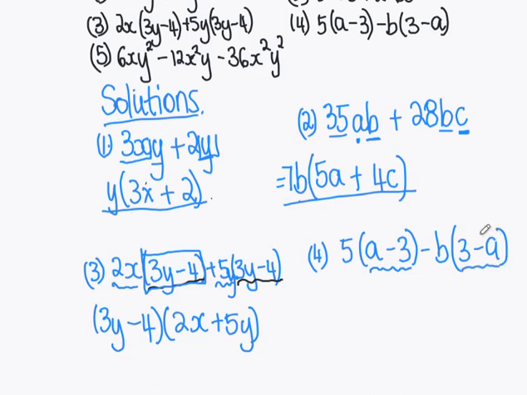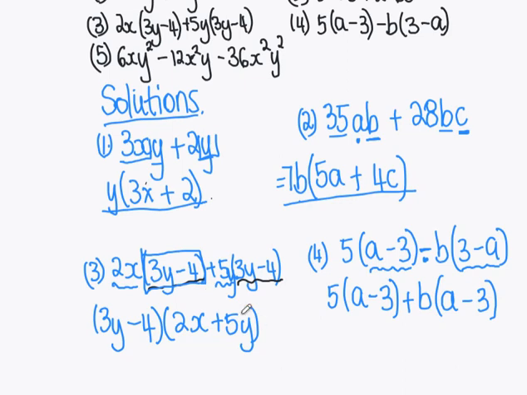So we have to flip these around so that they look like a minus 3. In order for us to flip the signs, we change this one here. It's a negative here, so we change it to a plus. And then if this changes to a plus, we are allowed to change this around. So the a becomes positive, then the 3 becomes negative.